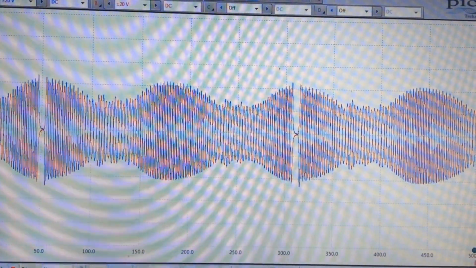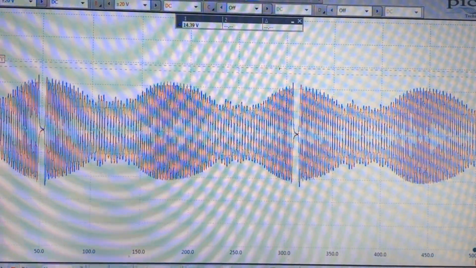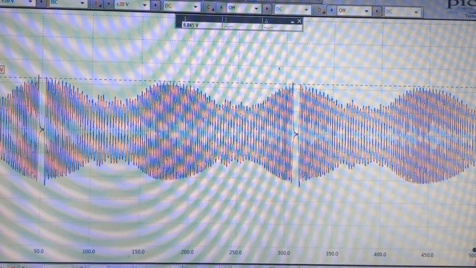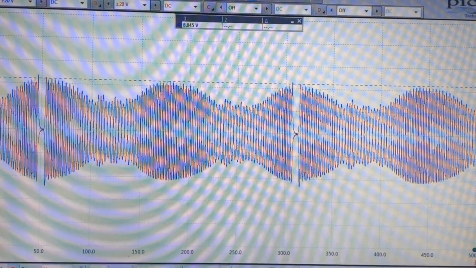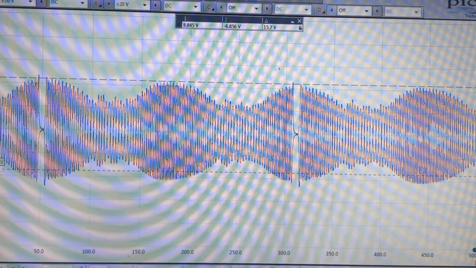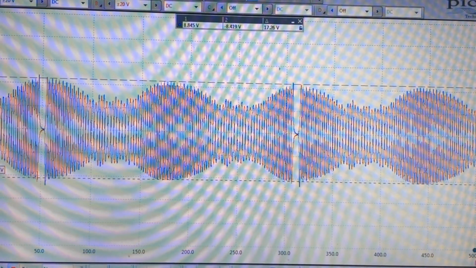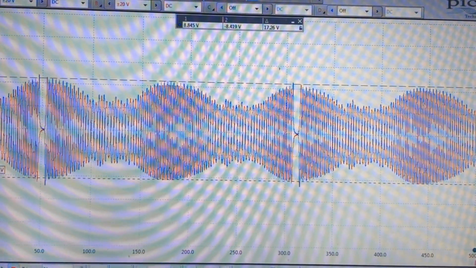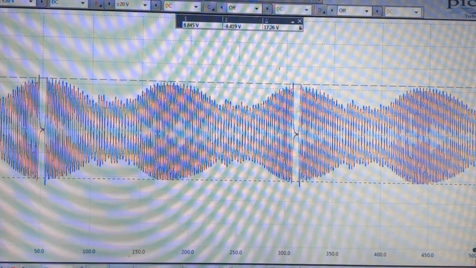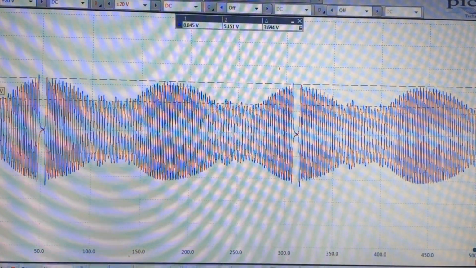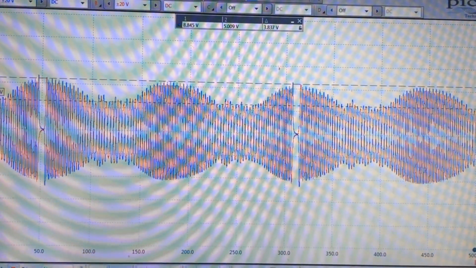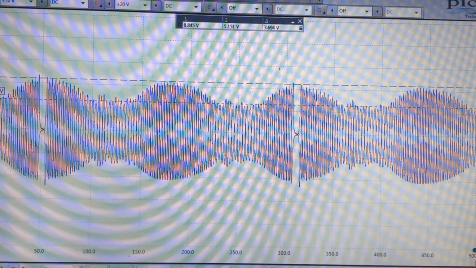And as we can see, our max voltage is 8.8 volts, and the minimum voltage is minus 8 volts. And then if I look at the minimum there, we've got what, 5 volts.